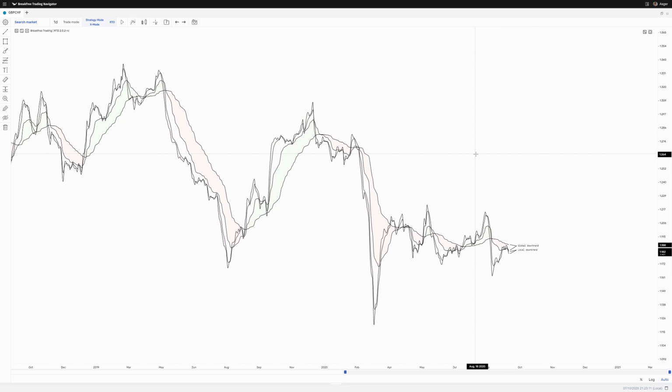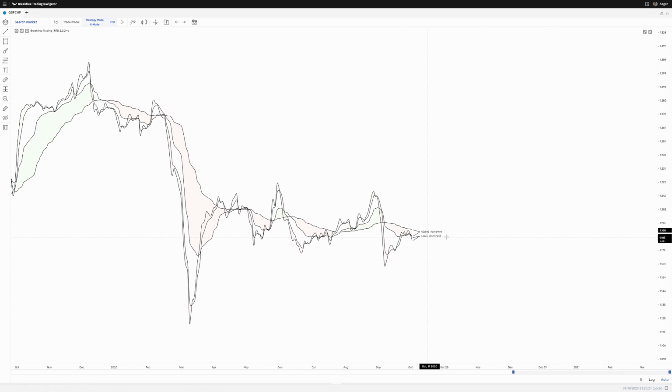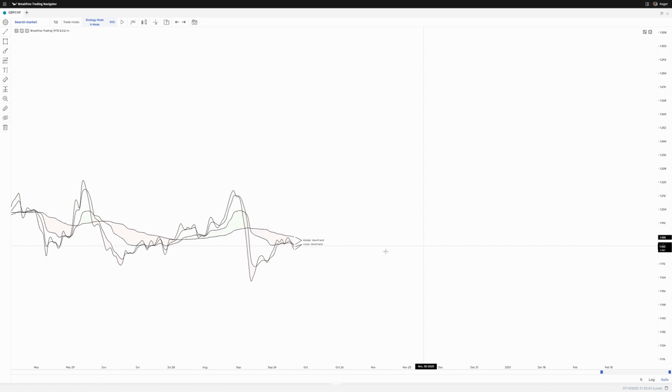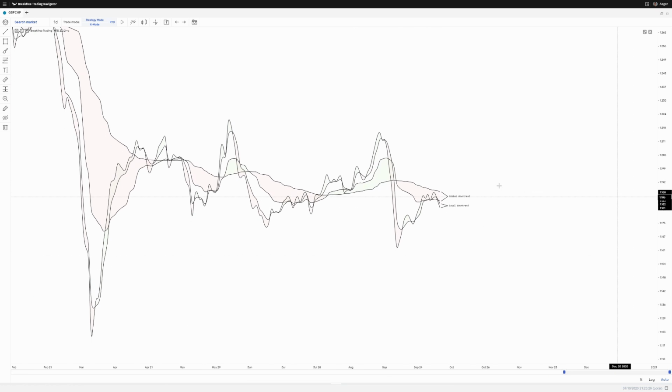So RTD is a pretty cool trend detection algorithm. It works in market cycles, in both a long and a short-term trend. The short-term trend is called local, and our macro trend we're calling global. Don't pay too much attention to the words I'm using, because it doesn't really matter.